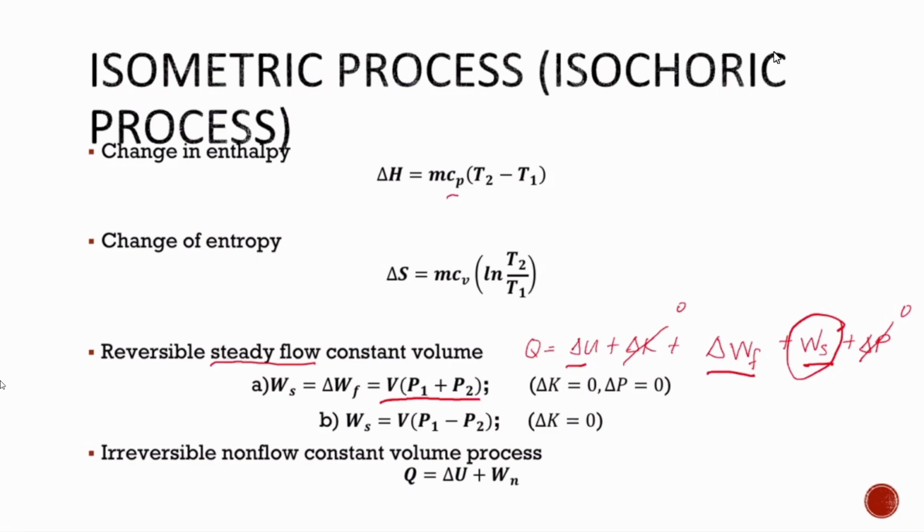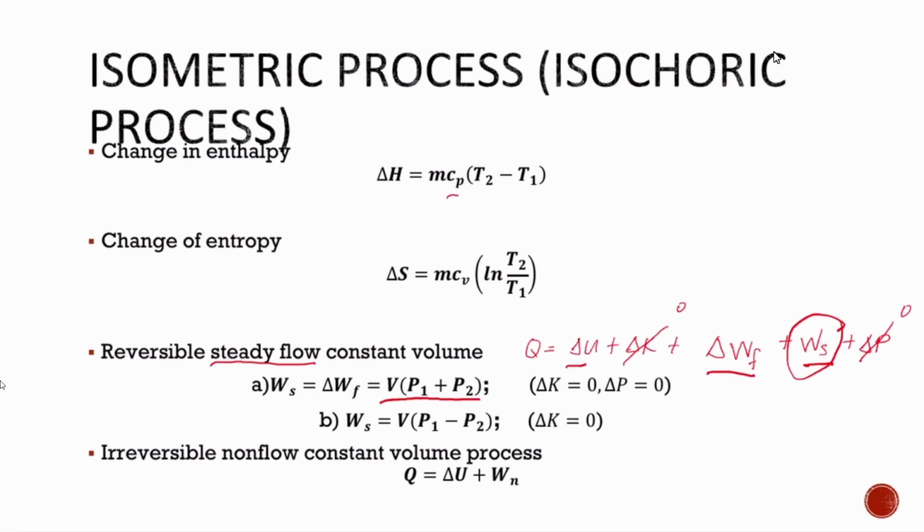For letter B, let's say may value si potential energy, ang zero lang natin is just the kinetic energy. To find the steady state work, ito lang din siya, which are also equal. Parehas lang siya: V times P1 minus P2.